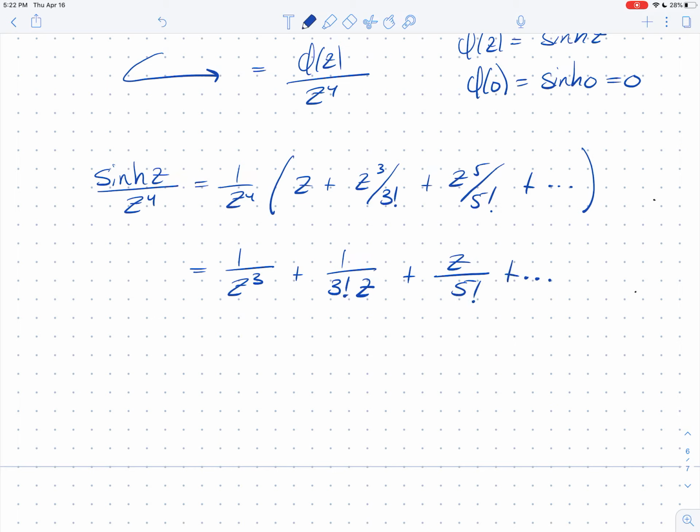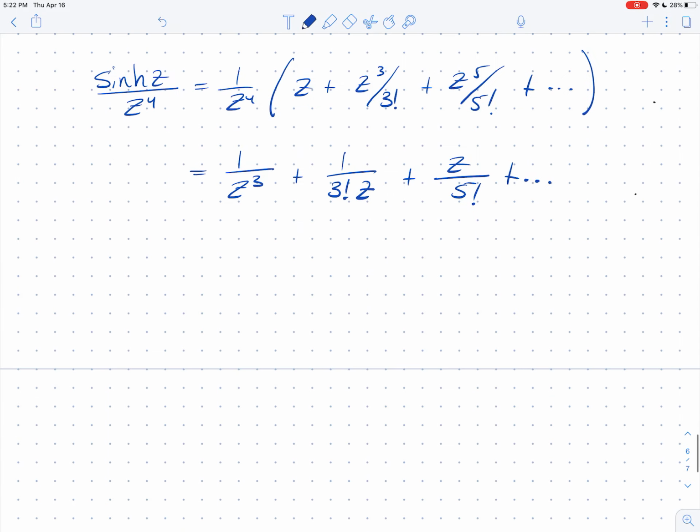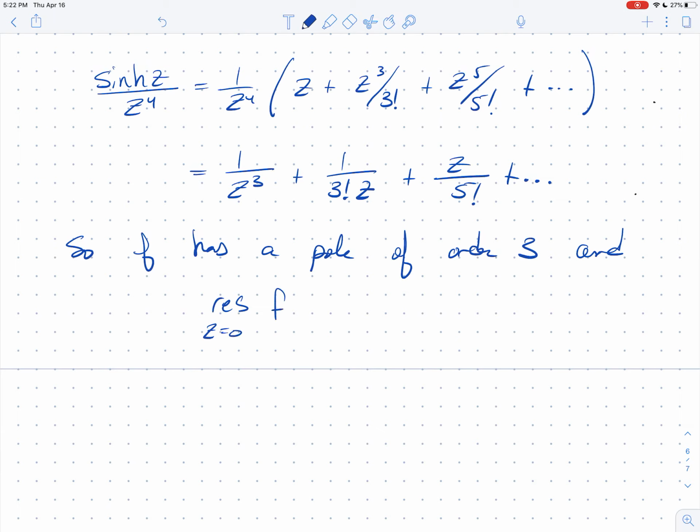That's all we need. Now that I've got the Laurent series in front of me, I know exactly what's going on. So f has a pole of order 3. And in fact, we've got the residue as well: the residue at z equals 0 of f is just 1 over 6.